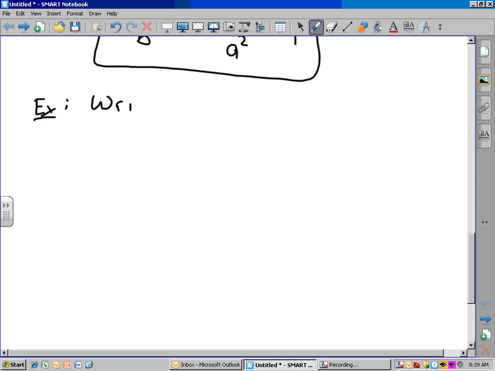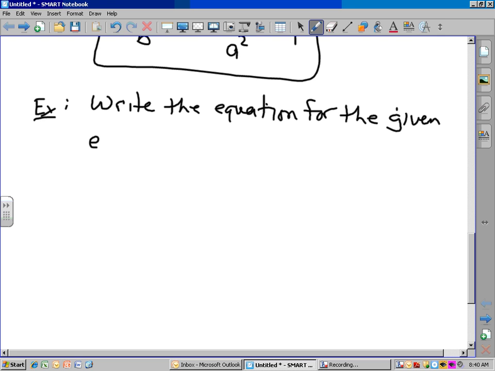Write the equation for the given ellipse and then find its foci.